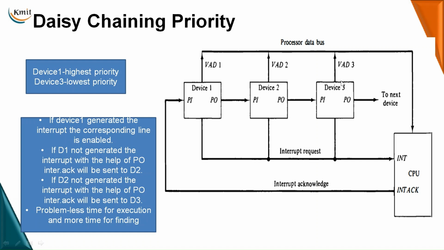Whenever 0 is received, even though that device has requested an interrupt from the CPU, it means that it is being blocked because there is one more device being serviced by the CPU. This vector address of device 2 will be sent onto the bus to the CPU, so that the CPU will access the vector address of device 2's interrupt service routine and execute it. Once it is done, then, this is how daisy chaining priority works.